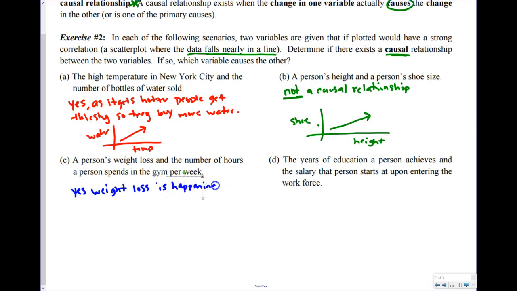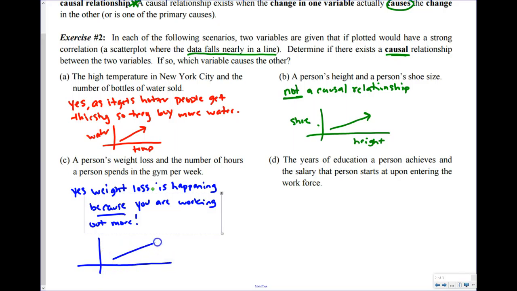Weight loss is happening because, notice the word cause is in because, you are working out. Okay, so again, this would also be a correlation. If you increase your hours at the gym, you're going to increase your weight loss.